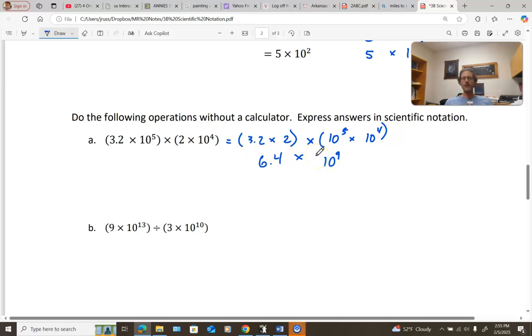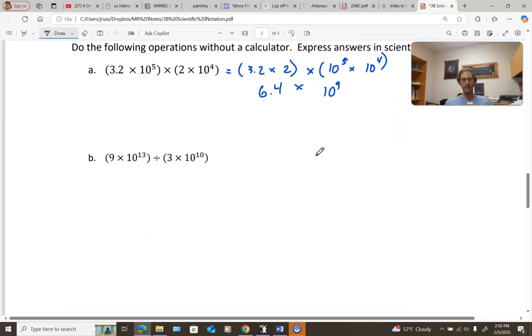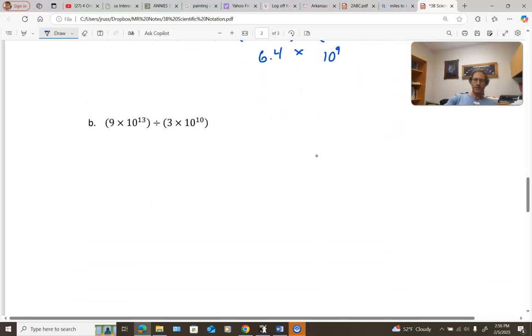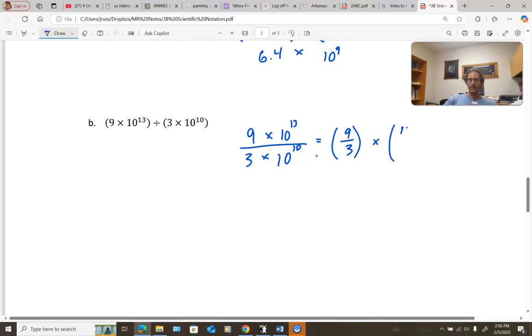Now for part B, we're dividing, okay? So I'm going to set this up as a division problem. 9 times 10 to the 13th divided by 3 times 10 to the 10th. Well, what we've got to do here is divide 9 by 3 and then divide our 2 powers of 10. Okay.